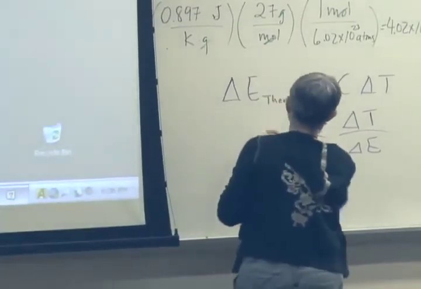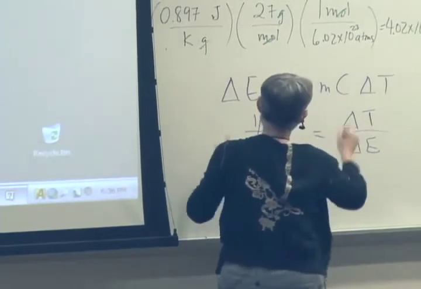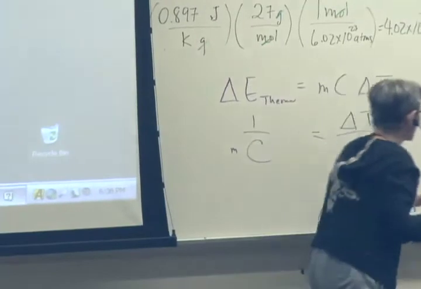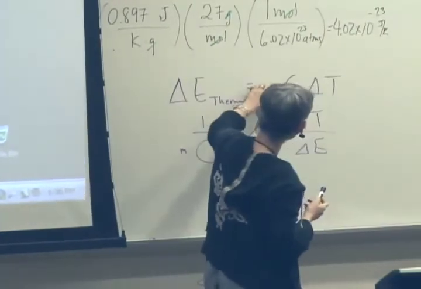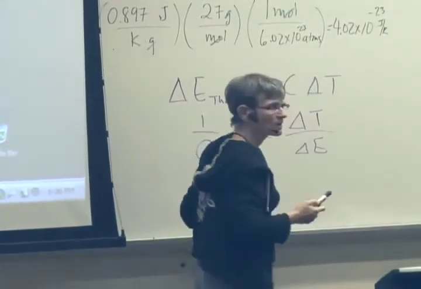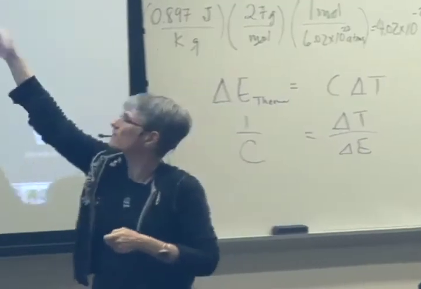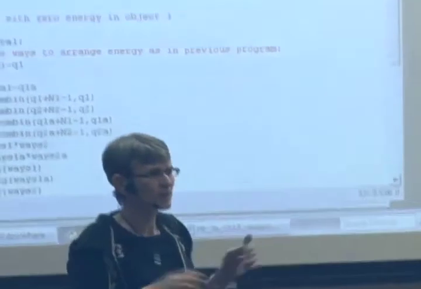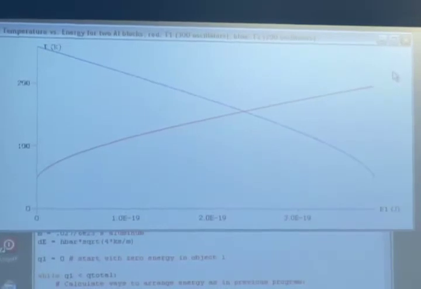It's going to be 1 over C modulo some m's here. If we do it on a per atom basis, then that just comes out to be atoms. So actually the slope of either of these curves, the slope of the red one's easiest to think about because it's increasing, is the heat capacity of this object.